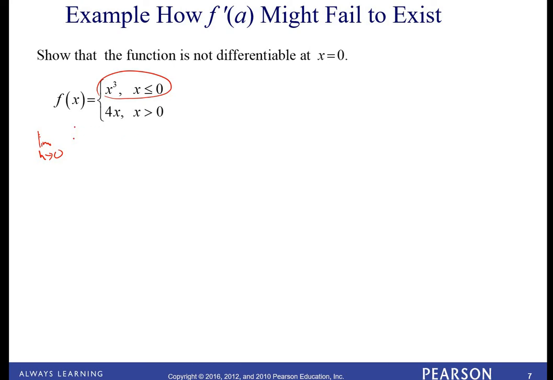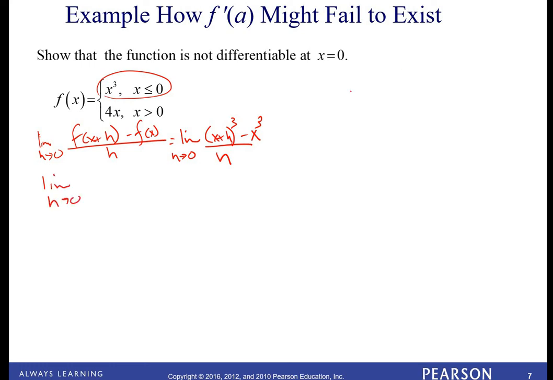I'm going to use x's instead of a particular value for right now. Even though we want it at 0, we're going to go ahead and use this. So this is going to be the limit as h approaches 0 of (x plus h) cubed minus x cubed over h, expanding that polynomial.